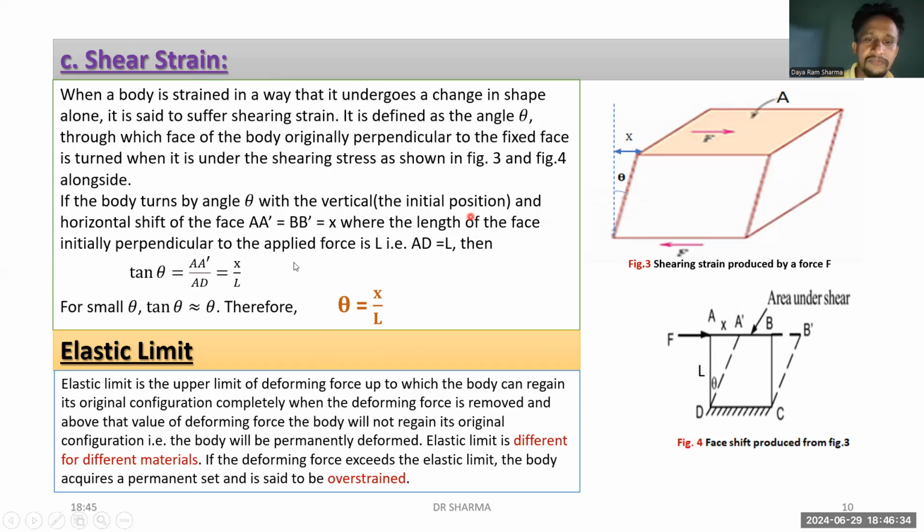It can also be defined as the ratio of the lateral displacement of the body to the length of the side perpendicular to the force applied. So theta is equal to x by L, which can be easily proved by using simple trigonometry of figure 3.